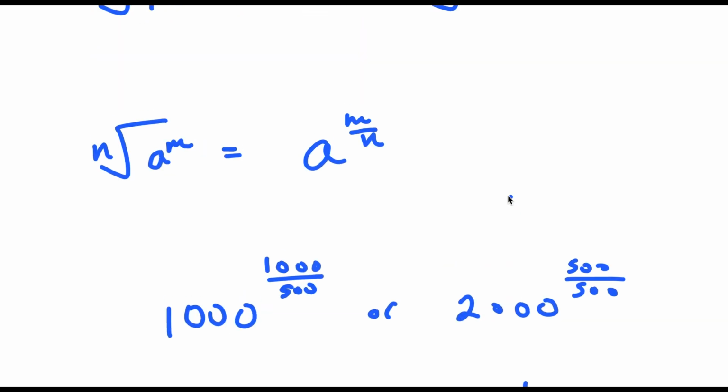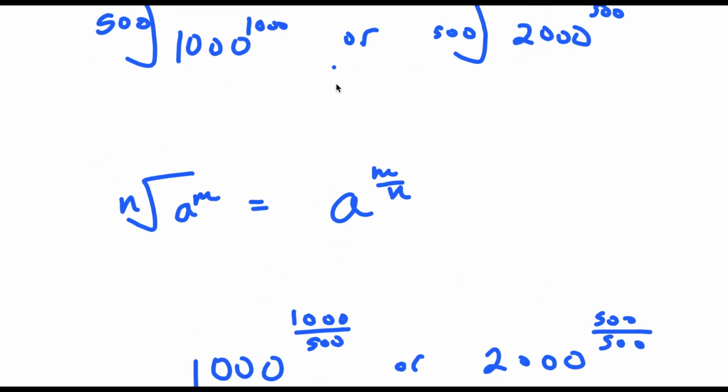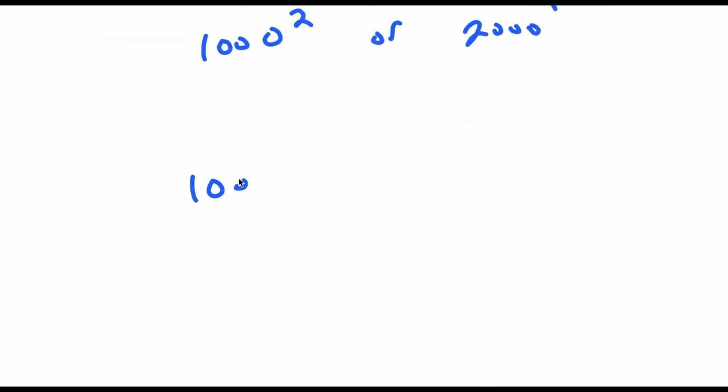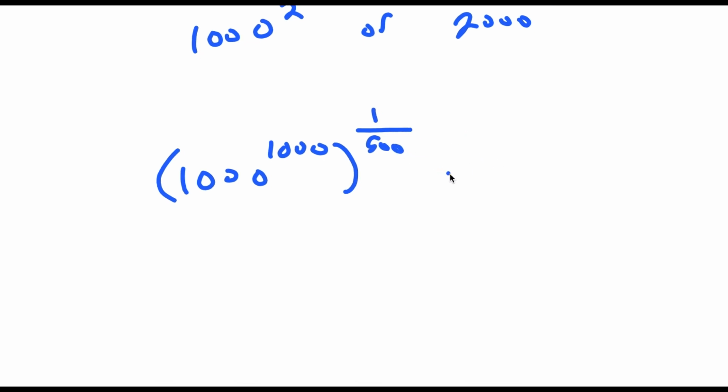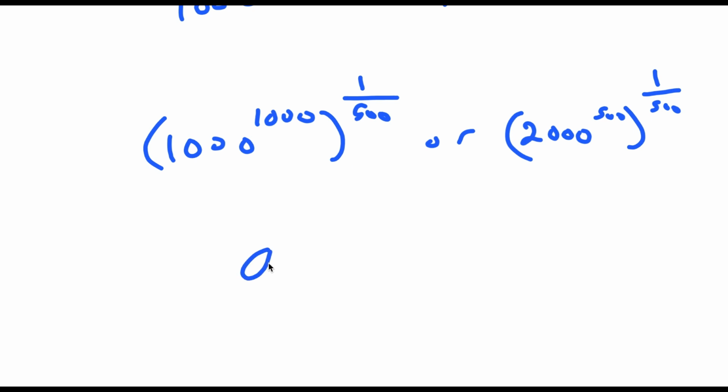And also, instead of just taking the 500th root, I can also take the power of 1 over 500, which is the same thing as the 500th root. And now, if I have something in the form a to the power of m, to the power of n, this is equal to a to the power of m times n.